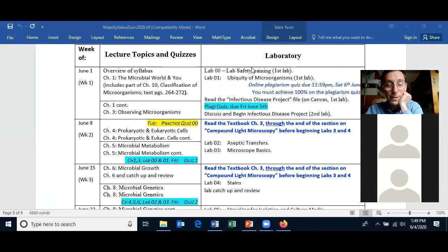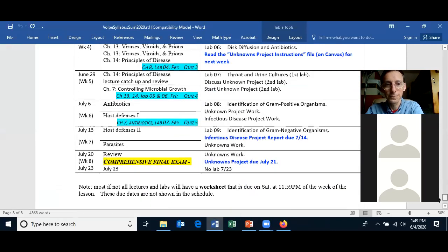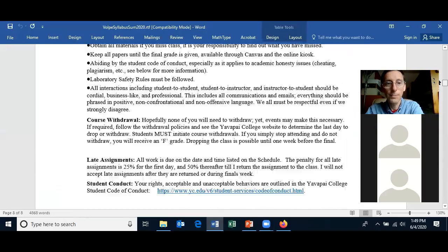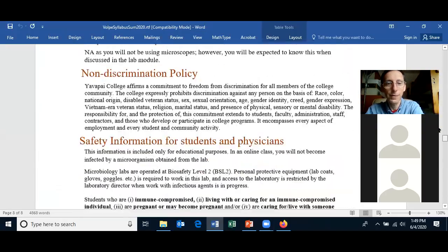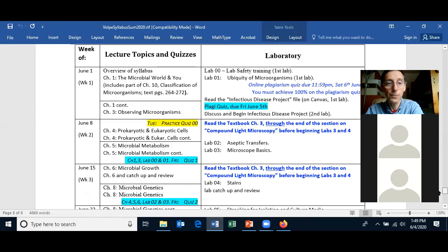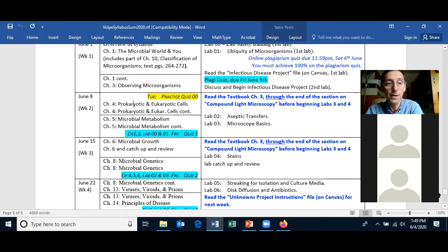Yeah. Okay. So, I wanted to show you that generally I'm just assigning the entire chapter. The only one that you would have to figure out the pages to read is for chapter 10.